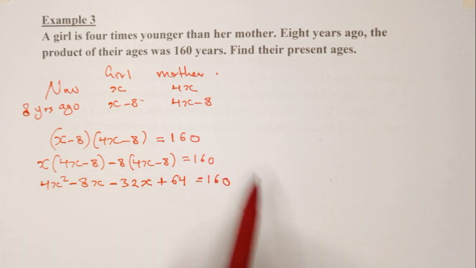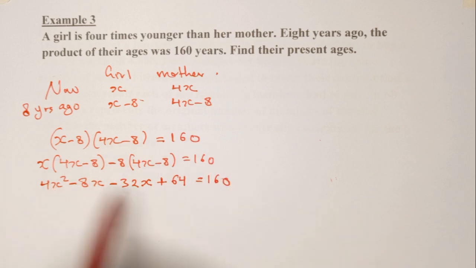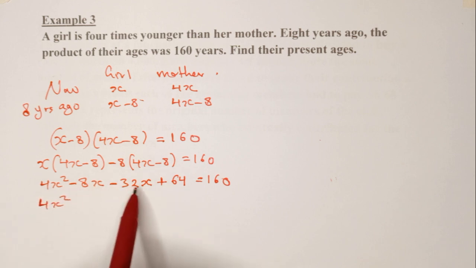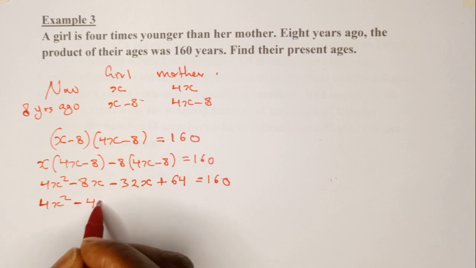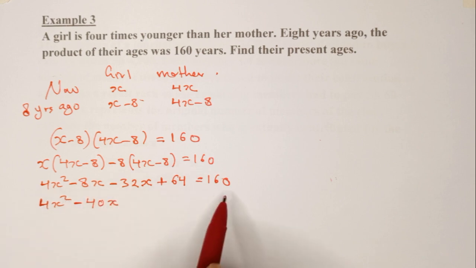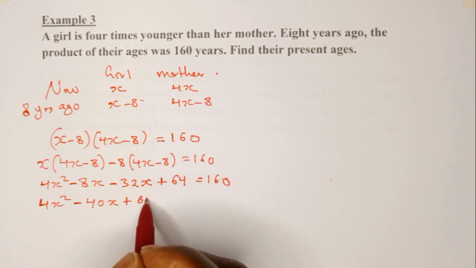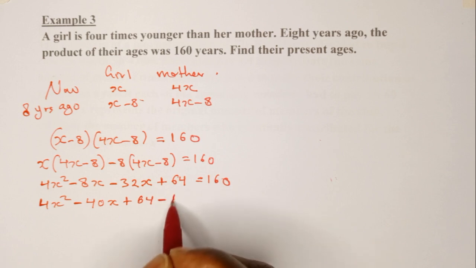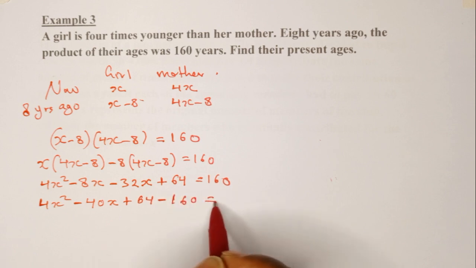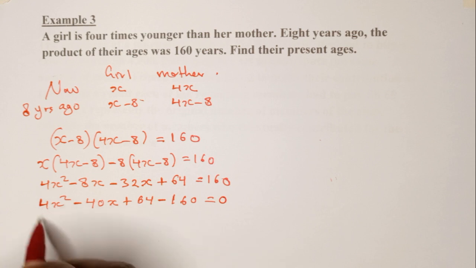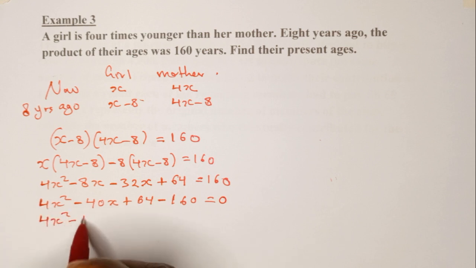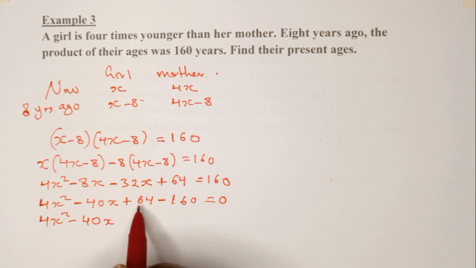So you can rearrange this one, you can collect the like terms. So this one will be 4x squared, negative 8x minus 32x, that is minus 40x. Then you can bring this one, so this is plus 64 minus 160 equals 0. Then if you simplify, this will be 4x squared minus 40x, then 64 minus 160, that is minus 96, equals 0.